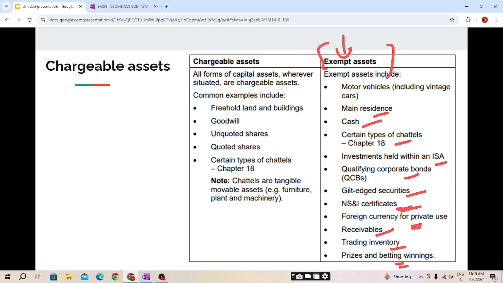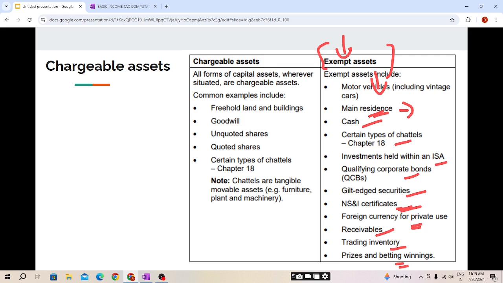If we are selling a main residence, it will be an exempt asset. For main residence, we have certain rules we will be covering in more detail in our coming chapters. I hope this is clear, students.